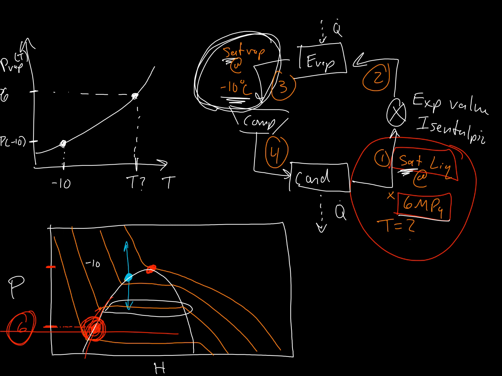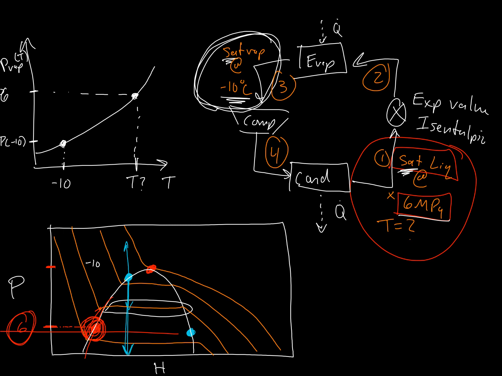So state 3 is a saturated vapor at -10, and for that case, it ends up being something right here. So the only way that we can cause these two lines to connect is to draw this line to go down.